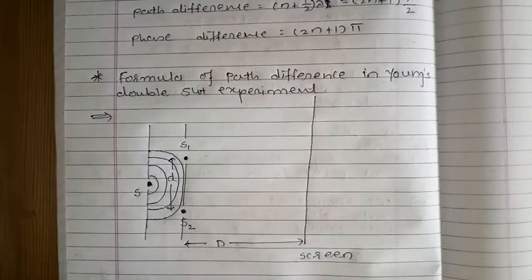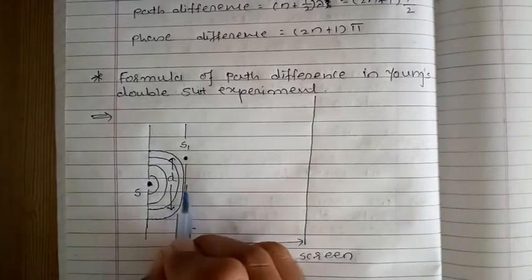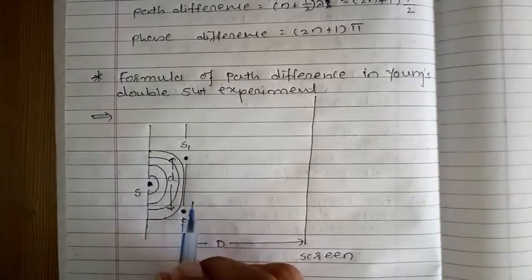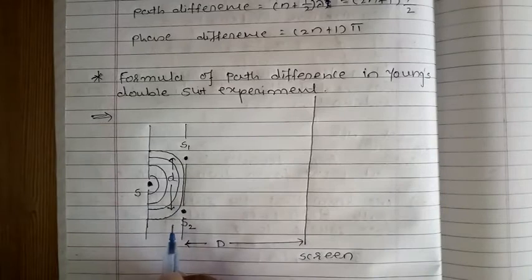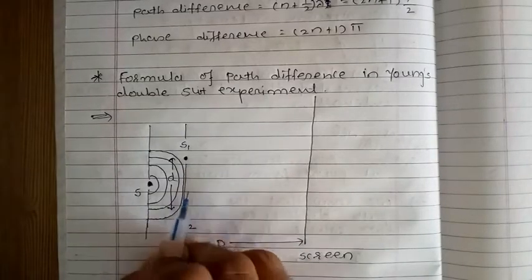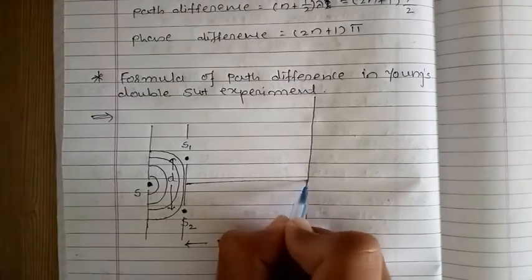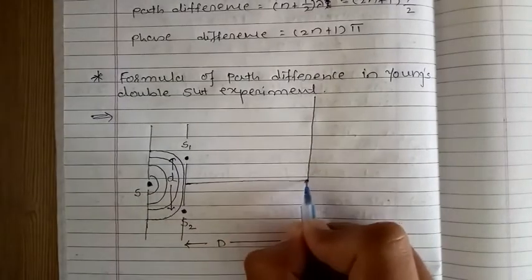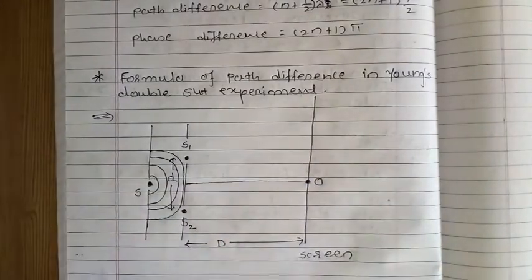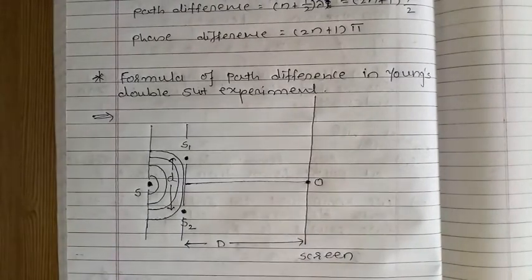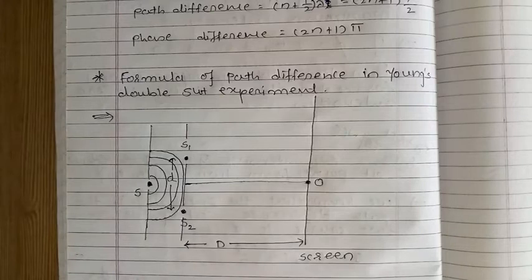Now here we draw a perpendicular bisector from S1 S2. So here this bisector meets the screen at a point. This is the point O. Now suppose the interference is obtained at point P on this screen, right?